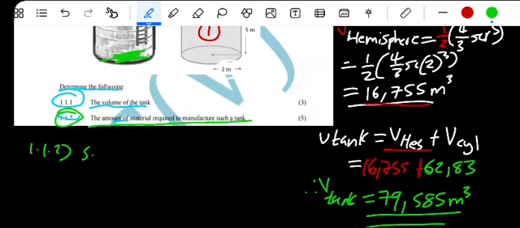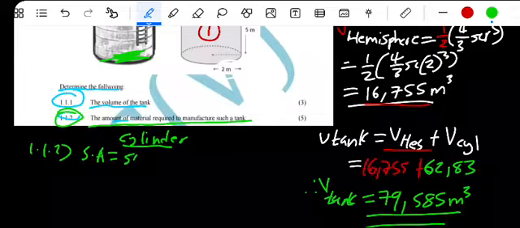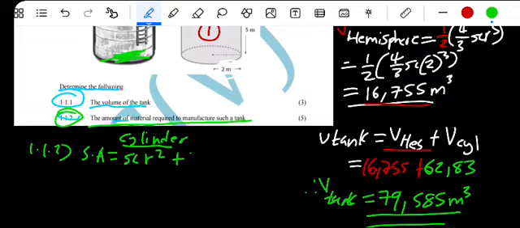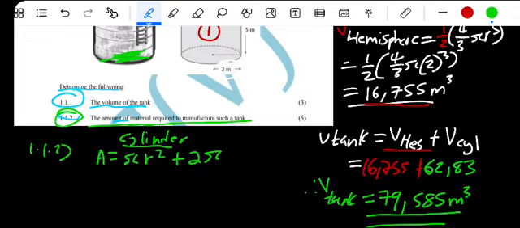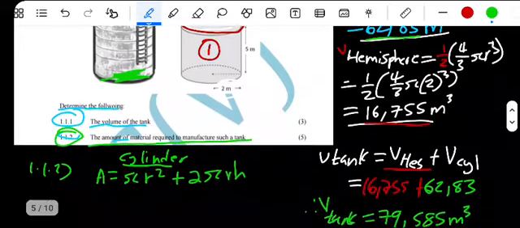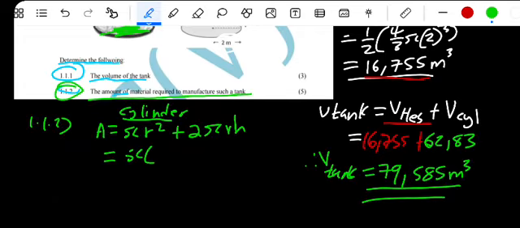Let me start by writing the cylinder here. We know the surface area of the cylinder is given by pi r squared, plus 2 pi r h. Then we substitute: we'll have pi times 2 squared plus 2 pi, the radius is 2, the height is 5.